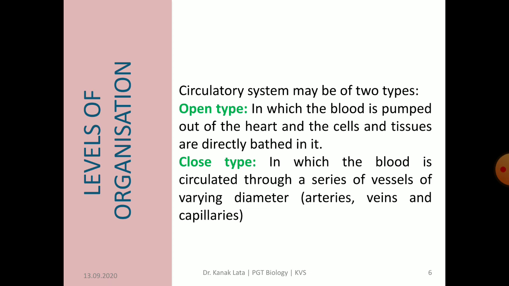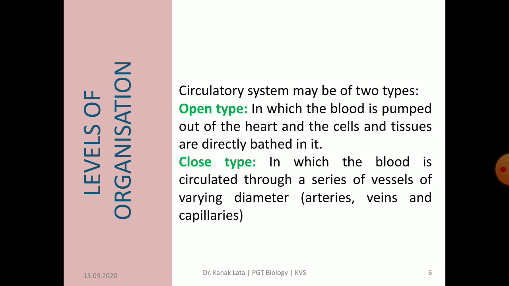As far as the circulatory system in animals is concerned, it is of two types. They may be open type or closed type. So let us see what the differences between these two types of circulatory system are. In open type, the blood is pumped out of the heart and the cells and tissues are directly bathed in it.